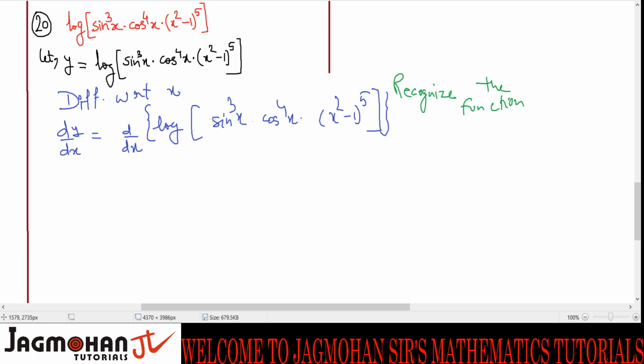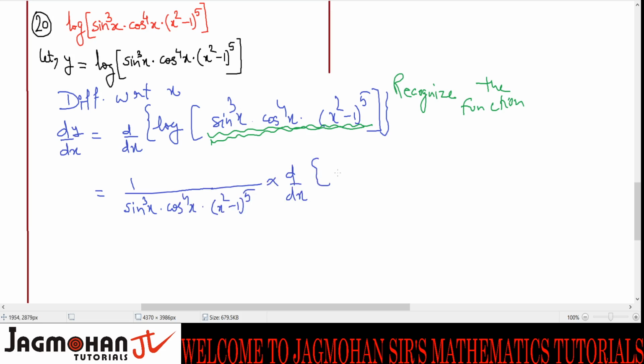So when I ask you to recognize the function, it is log of f of x. See, logarithmic function, but the variable is f of x. So its derivative will be, as you all know, 1 upon f of x into d by dx of f of x.